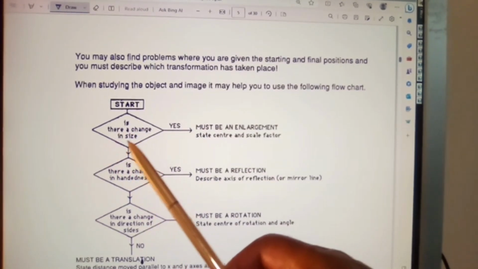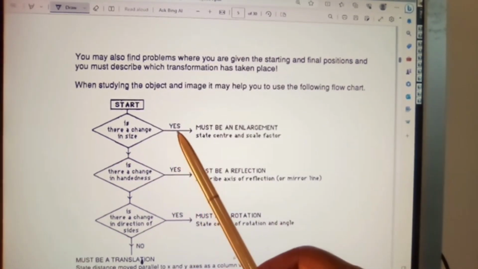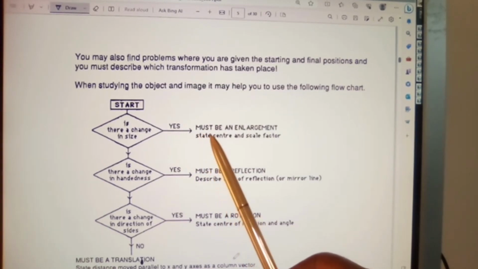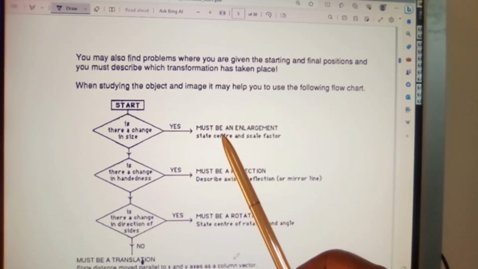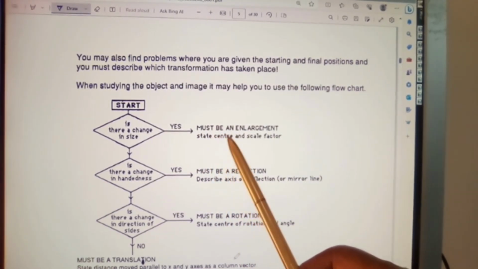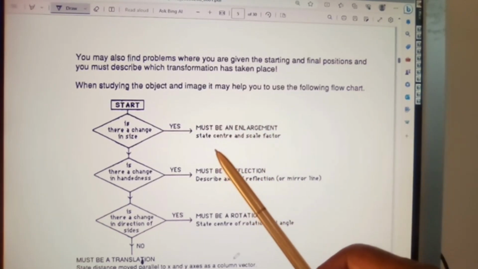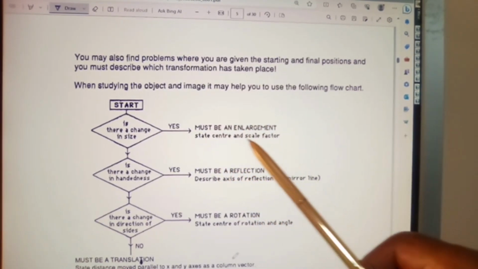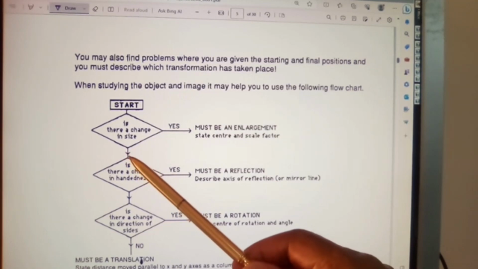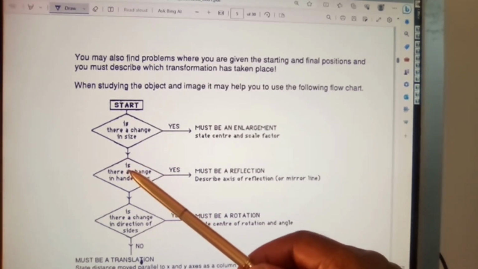Is there a change in size? If yes, it must be an enlargement. State center and scale factor. If no, then you come to the next stage.